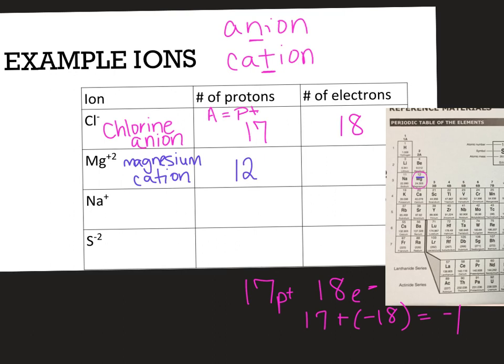We need it to be a +2 charge. So we're going to look at it the same way. If I have 12 protons, we want to have 2 more of the protons than of the electrons. So what we can say is that we have 10 electrons, right? So if we have more protons than we do electrons, that gives us that positive charge, and this will give us a positive 2 charge. And that would be the answer for that.